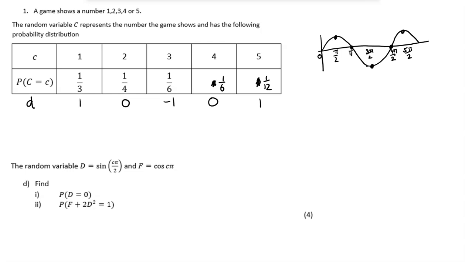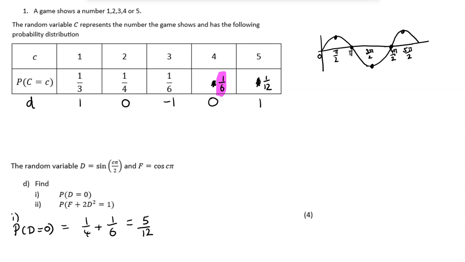So we're just going to add up the probabilities of a quarter and a sixth here, and this is going to give us what we're looking for. So the probability is going to be a quarter plus a sixth, which gives us 5/12.